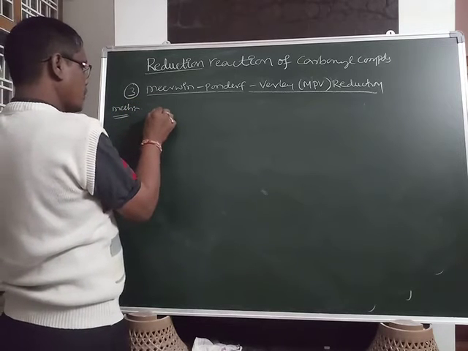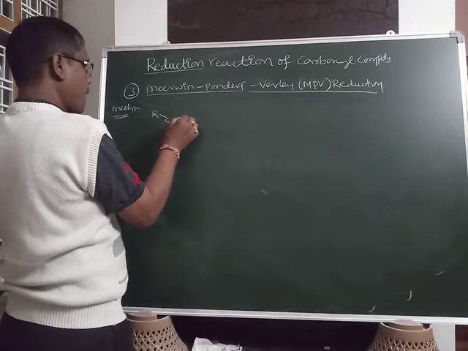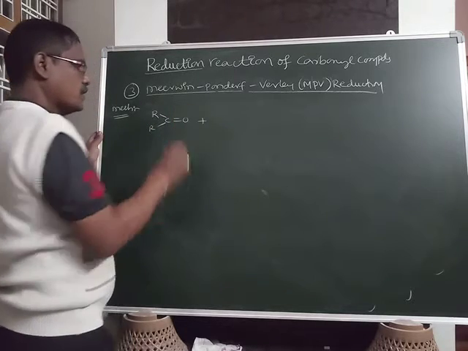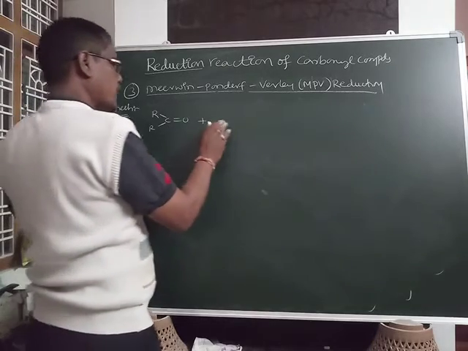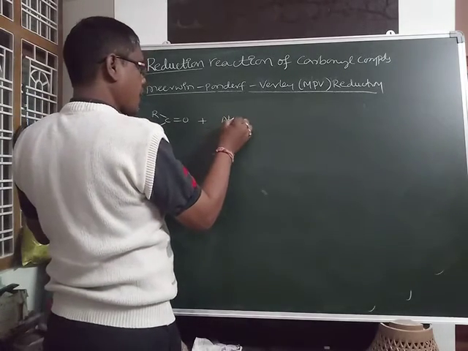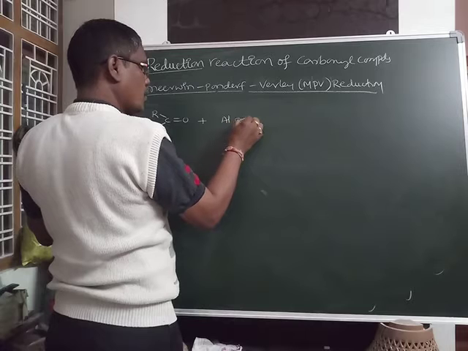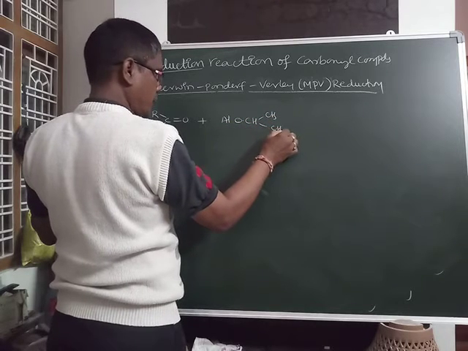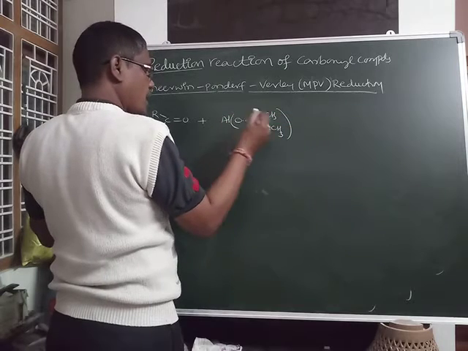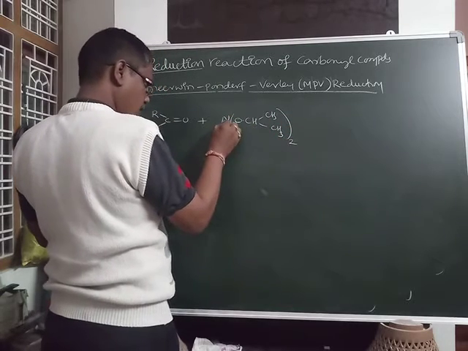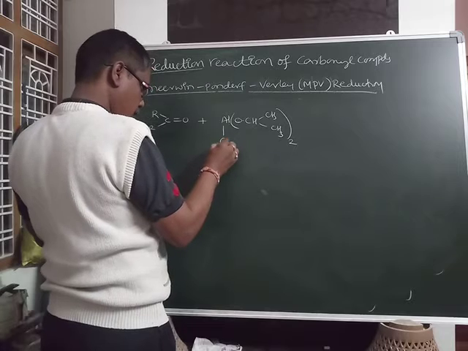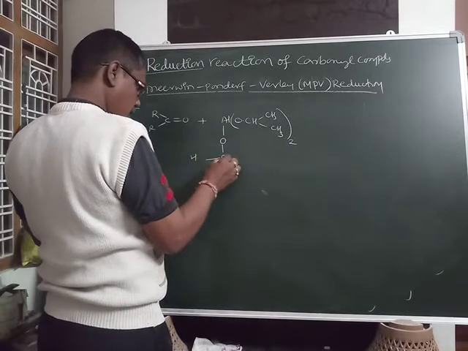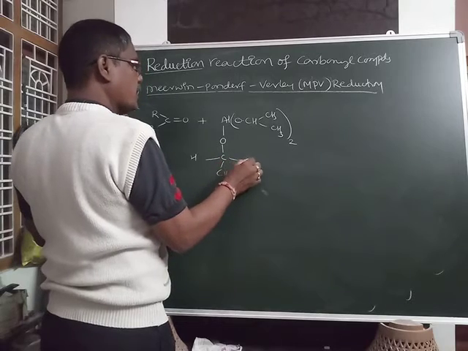Here this is the ketone. First it reacts with this one, Al(OCH(CH3)2)3. I am writing only twice, one I am separating only: O, C, H and CH3, CH3.